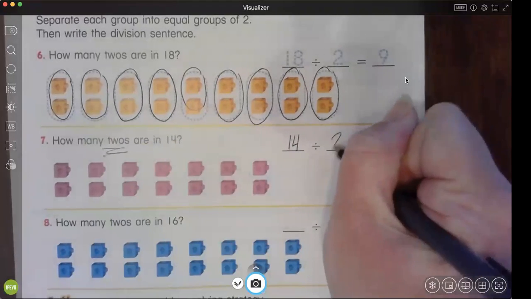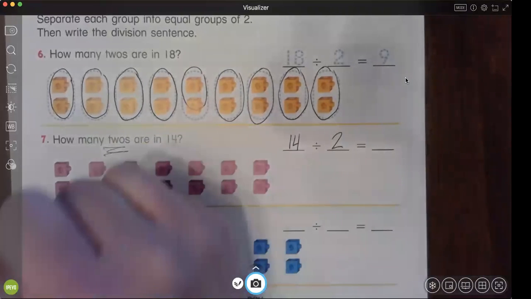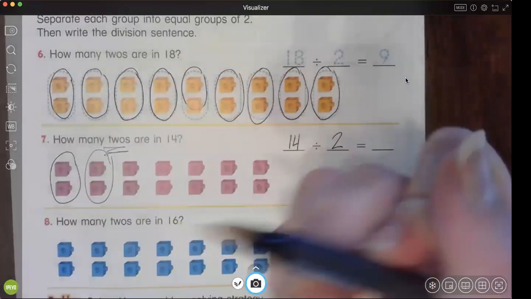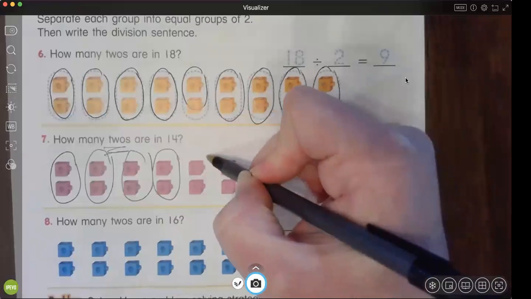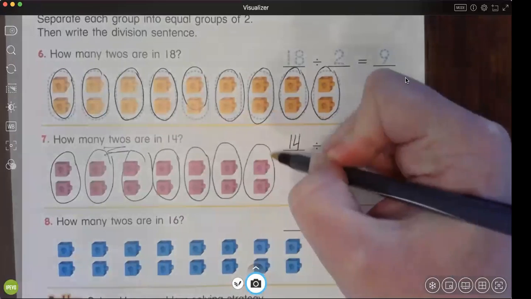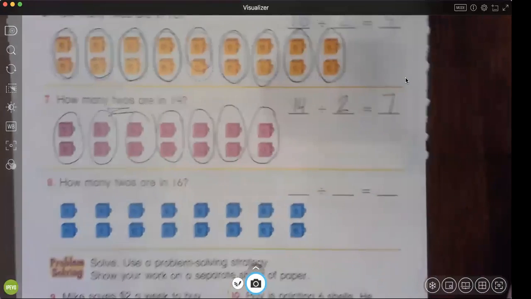We have 14 divided by 2, okay? So let's count how many groups of 2 we can make with 14. 1 group, 2 groups, 3 groups, 4 groups, 5 groups, 6 groups, 7 groups. So 14 divided by 2 equals 7.